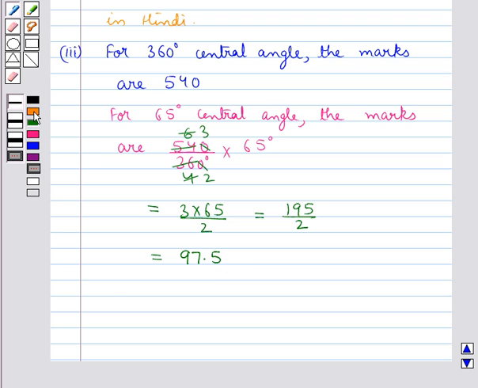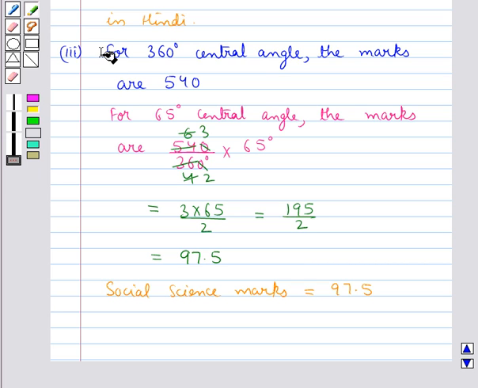Thus we say that social science marks is equal to 97.5. Now we shall find the marks obtained in science subject.